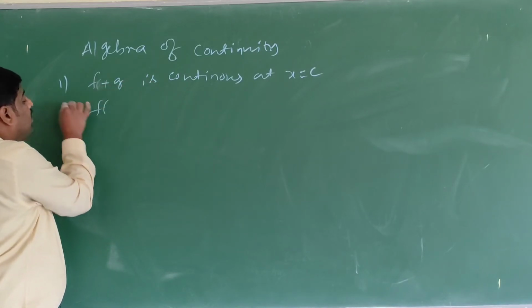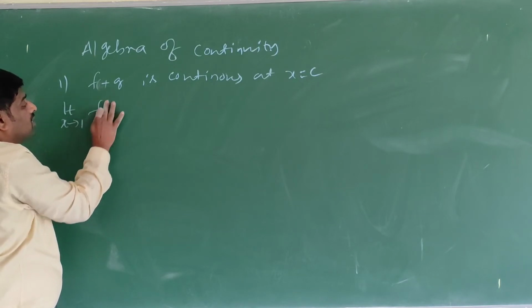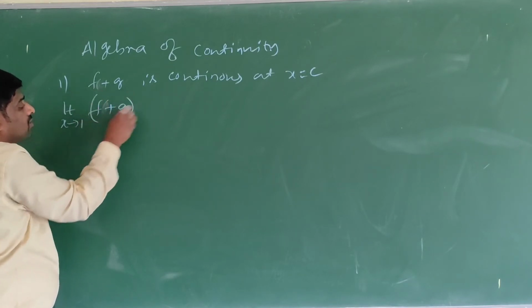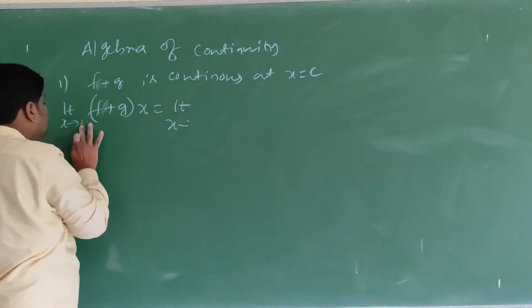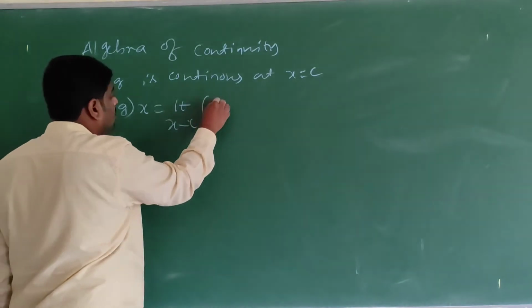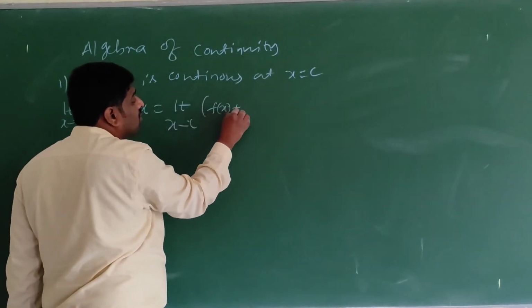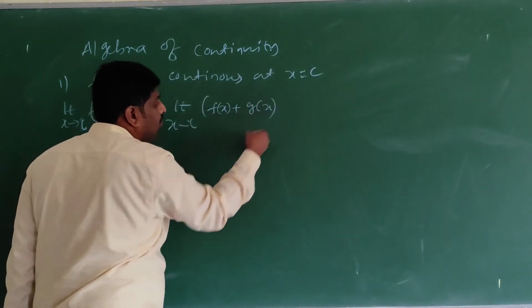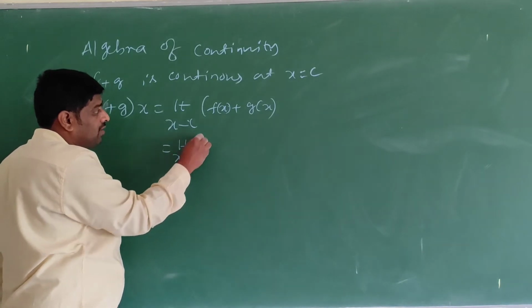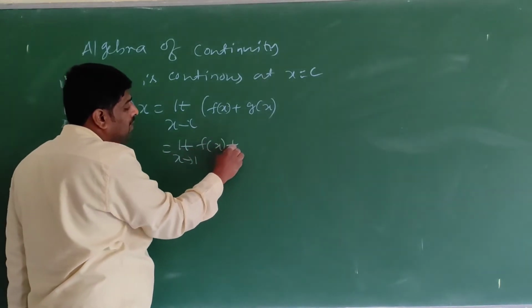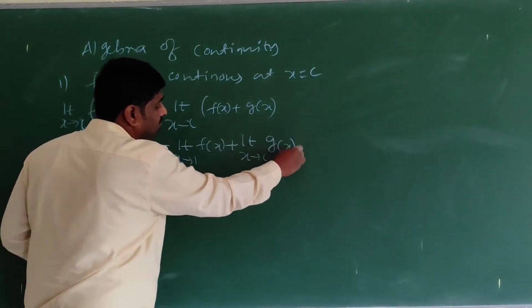Therefore, limit x tends to c of f plus g of x is equal to limit x tends to c of f of x plus g of x. This can be written as limit x tends to c of f of x plus limit x tends to c of g of x.